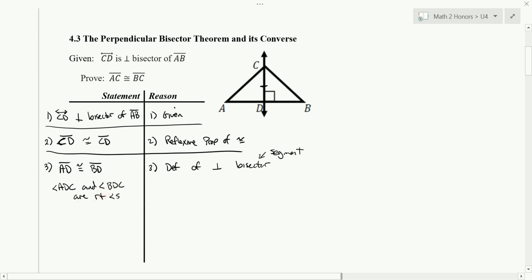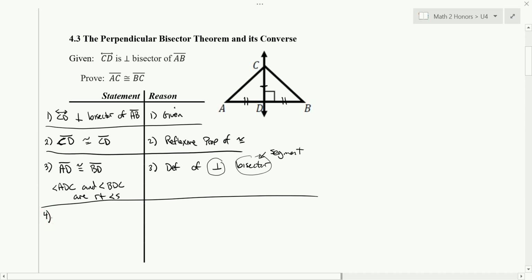And what we can do here is bunch that in with the definition of a perpendicular bisector, because the perpendicular part gives us the right angles, and the bisector part gives us AD congruent to BD. So we can squeeze all that together in line 3. Good. You guys are doing awesome. Let me catch up to you. Let me mark the picture here. All right, so what's next?